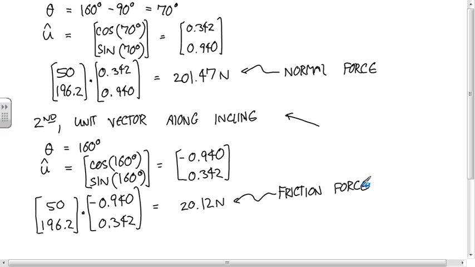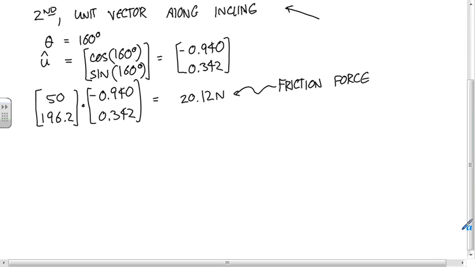Okay, I want to show you something cool since we're talking about this. This is something that's going to come up in a couple of weeks, but I'm going to introduce it now. The idea of a rotation matrix.